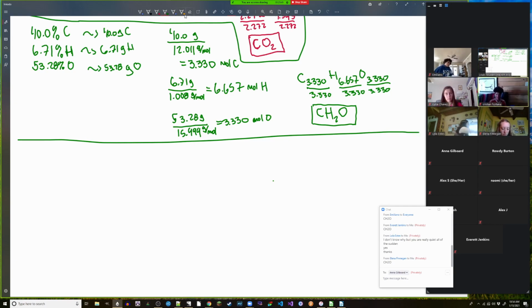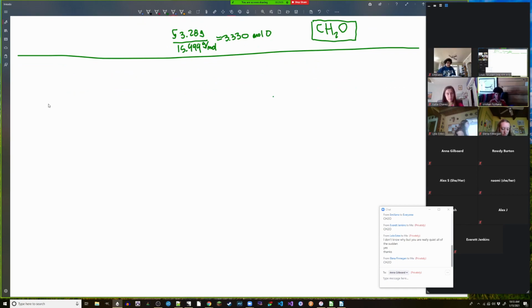How about another one from the book? I'm going to keep switching my colors up here. So nicotine, which is the addictive thing in cigarettes, contains 74.02% carbon, 8.710% hydrogen, and 17.27% nitrogen.